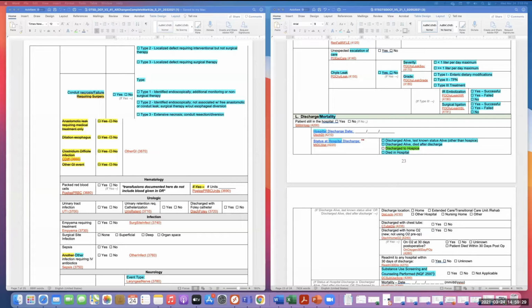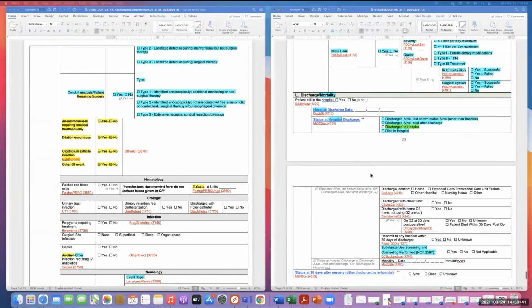Remember, discharge to hospice really is only going to count against your program if you have done a primary procedure for lung or esophageal cancer, and from that procedure, they did so poorly that they had to go to hospice.